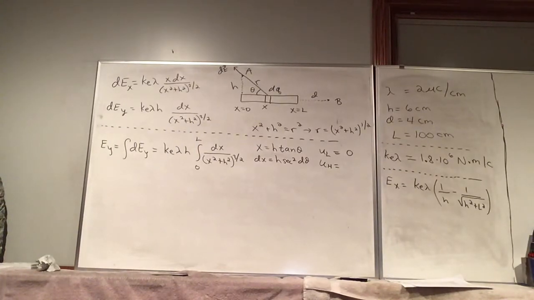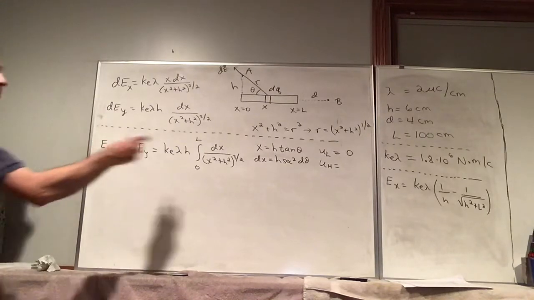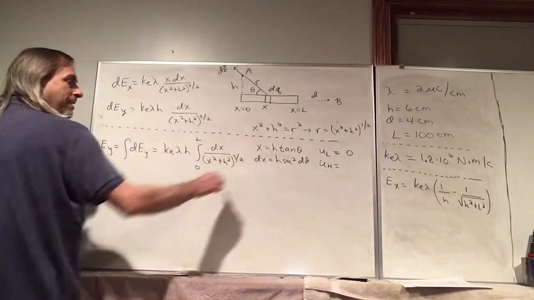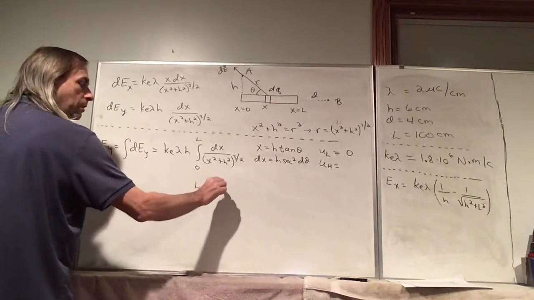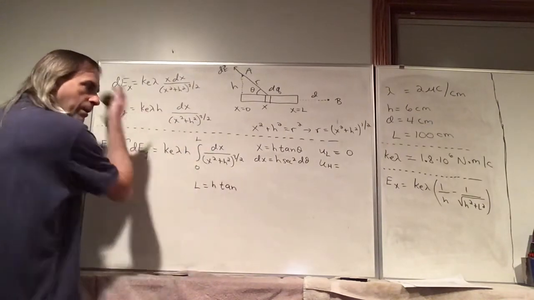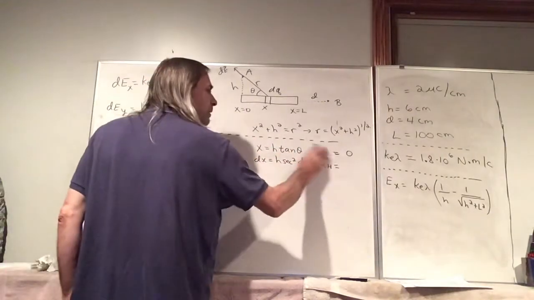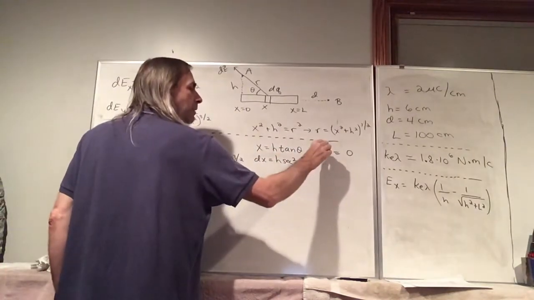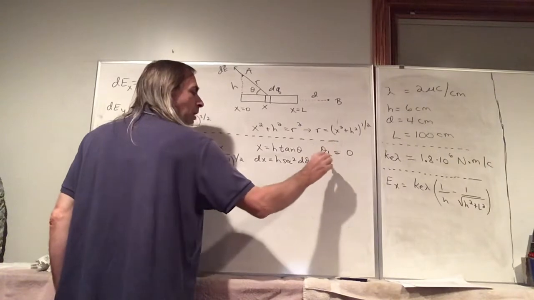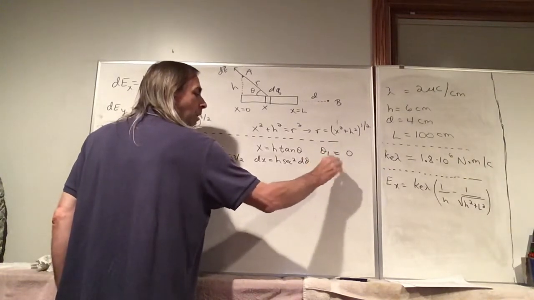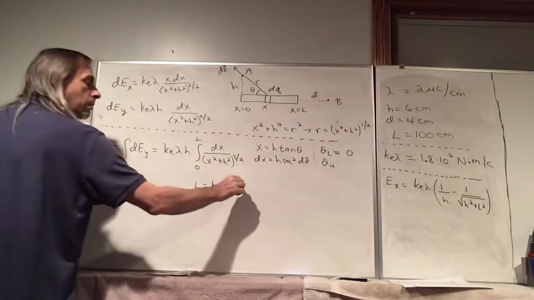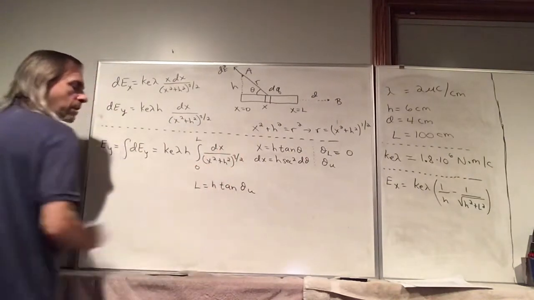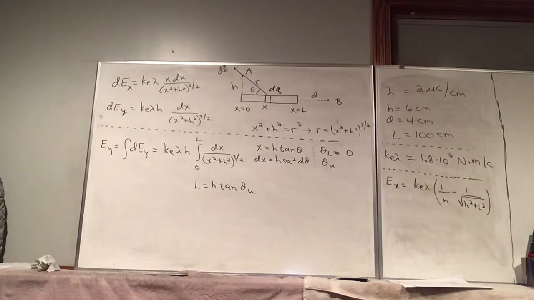Then theta is, so here, let's write this out. If x is equal to L, we have L equals h times the tangent. Sorry, I was calling these theta lower and theta upper. Let's do that. I was calling it U because I was thinking of a U-substitution.